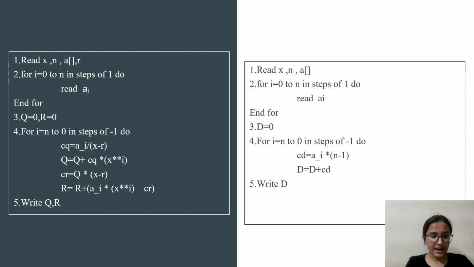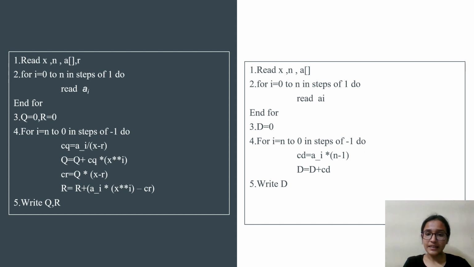And at last r, the remainder term, we will get by subtracting the computed value from the current term of the polynomial and adding the computed value to the remainder. And at last we will return the variables q, which represents the quotient, and r, which represents the remainder.